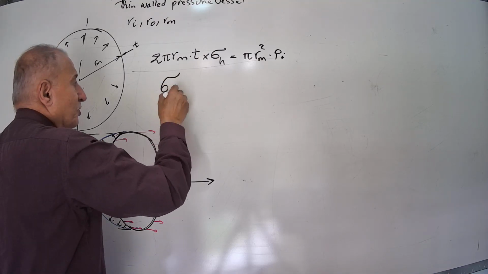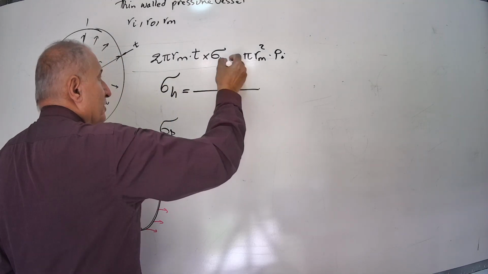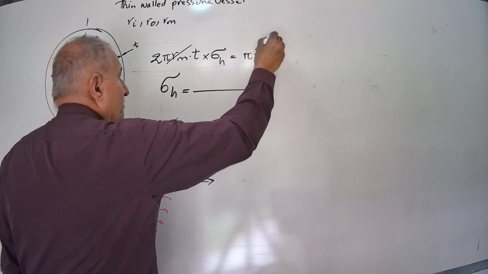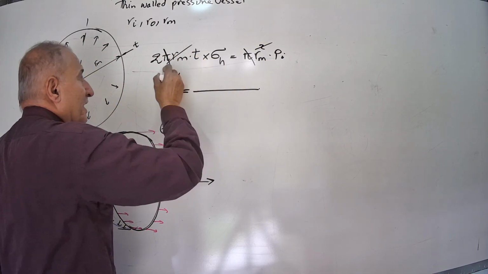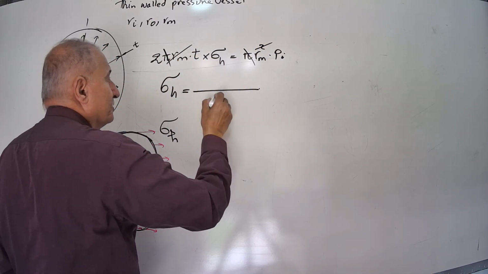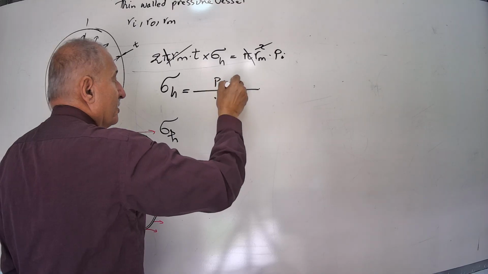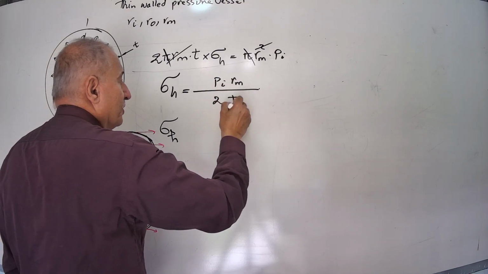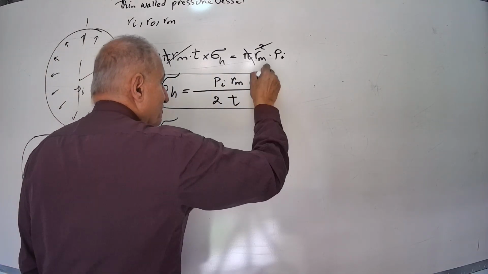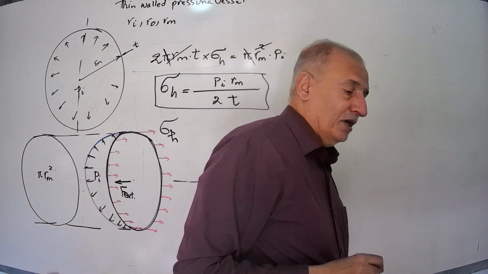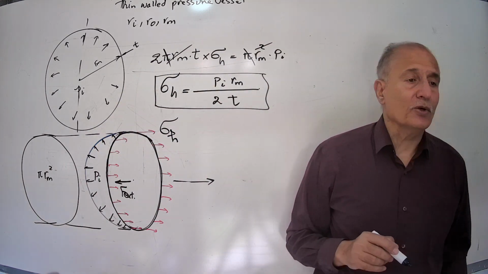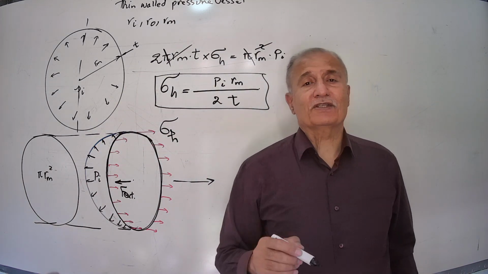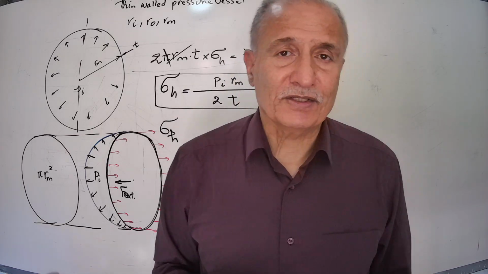Then sigma h is equal to, you can cancel out Rm with 2 and pi with pi, and then you have 2t here: sigma h equals P Rm divided by 2t. This is the hoop stress, circumferential stress, or tangential stress in the pressure vessel.